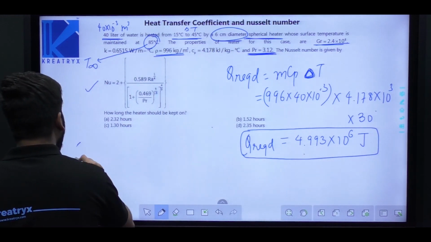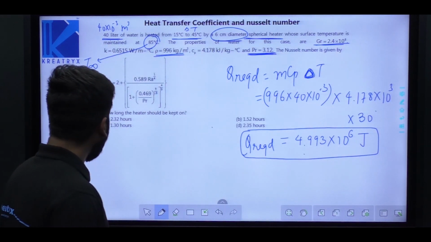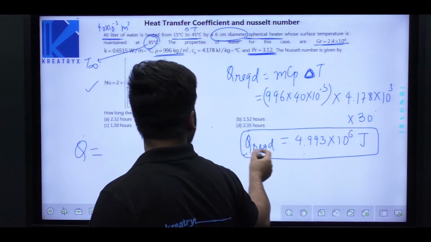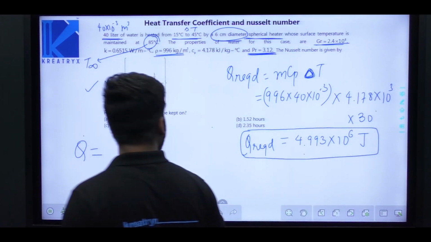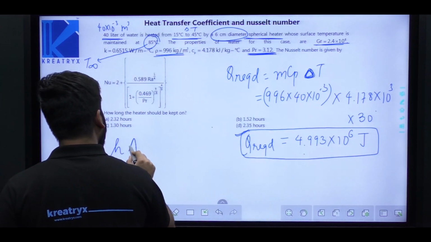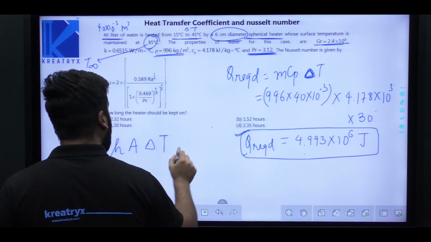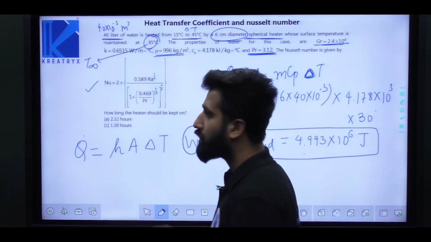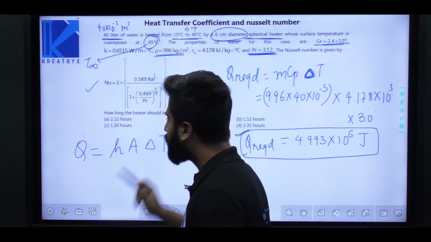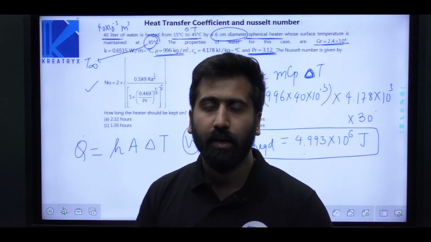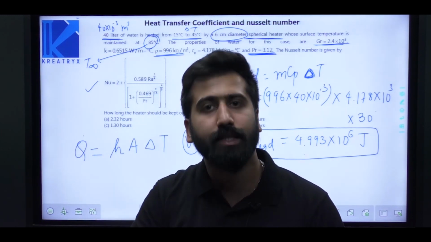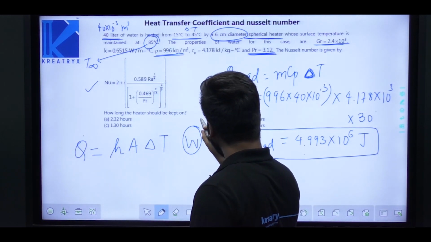So Q dot, or in heat transfer we just write it as Q, but I am using Q here for this equation, Q dot is equal to h A delta T. This will be in watts, that is joule per second. Whatever this answer will be is the heat transfer rate, that is, this much joule of heat is given to the water per second.